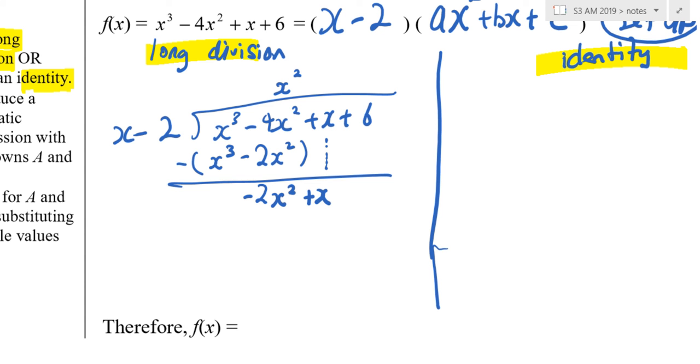What must I multiply by x to get minus 2x squared? Minus 2x. So I write minus 2x. Minus 2x times minus 2, what do you get? Xinghui. 4x, plus or minus? Plus. So this is a plus 4x.